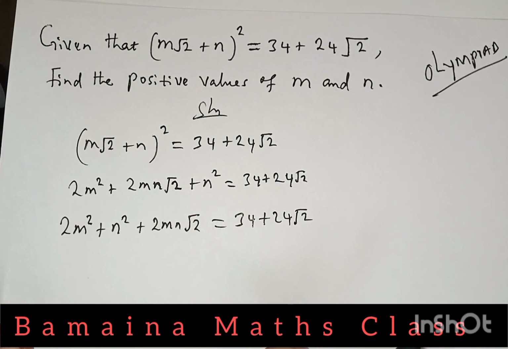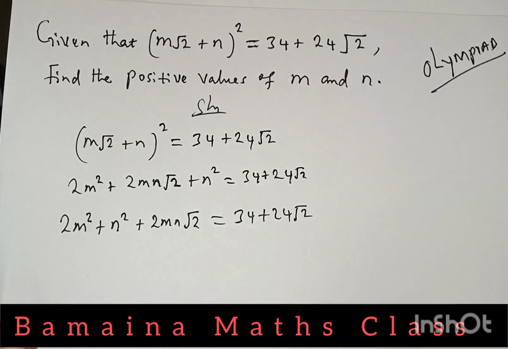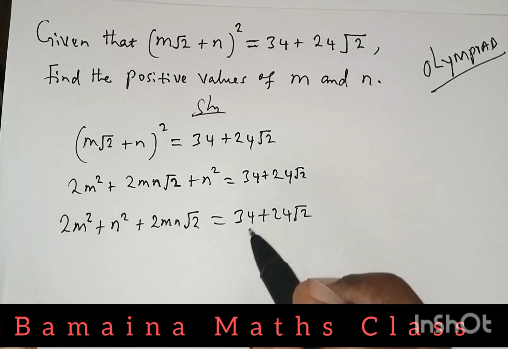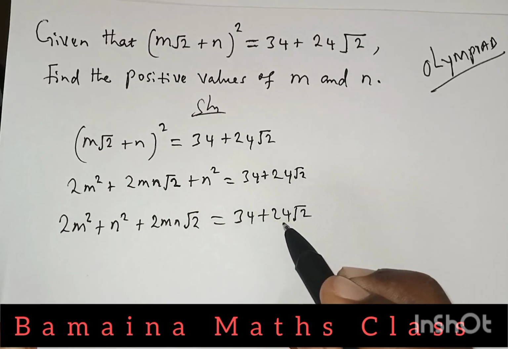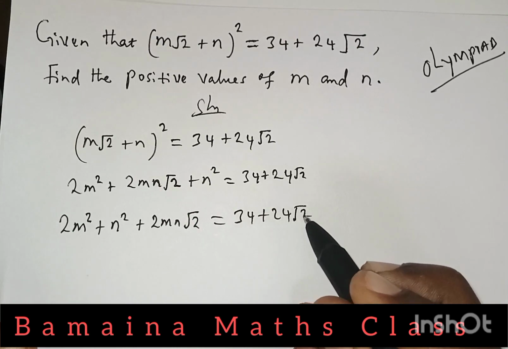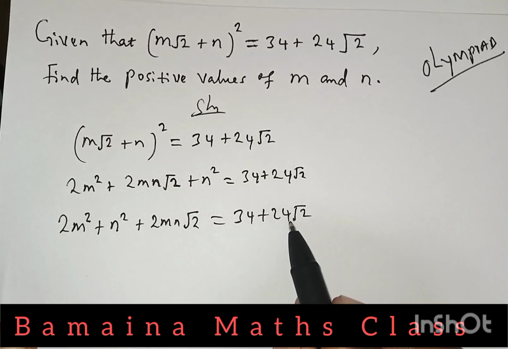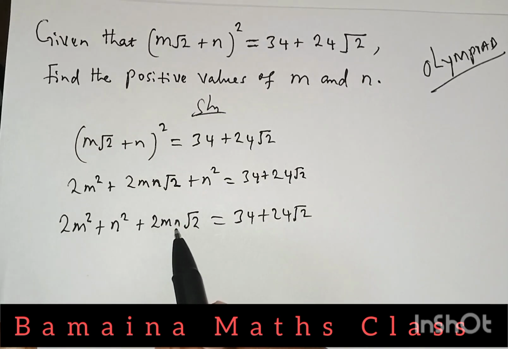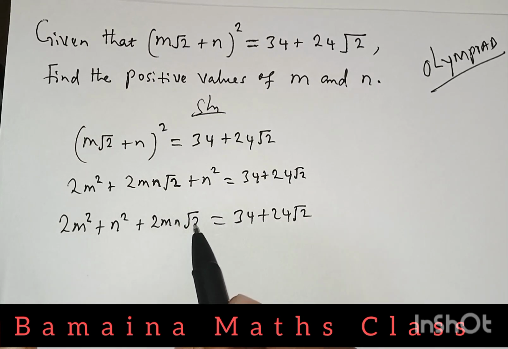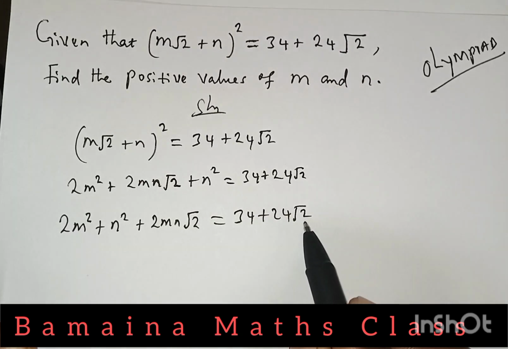Now from here, we compare both sides. This 34 here plus 24 root 2. This 24 is having root 2, then here we have 2mn root 2. So 24 is the same thing as 2mn by comparison, because this 2mn is having root 2 and this 24 is also having root 2.